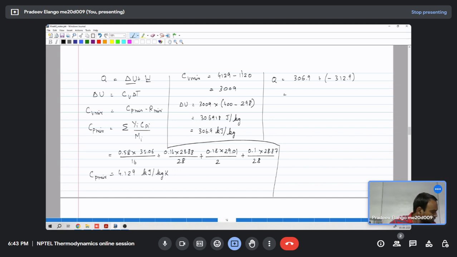So total we have minus 6 kilojoule per kg. This is roughly 6000 joules per kg.